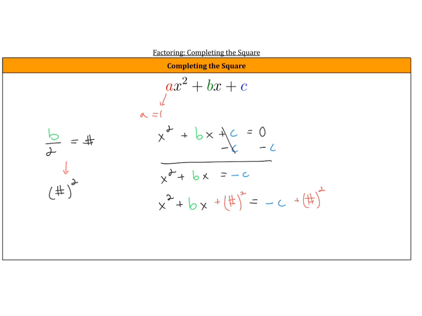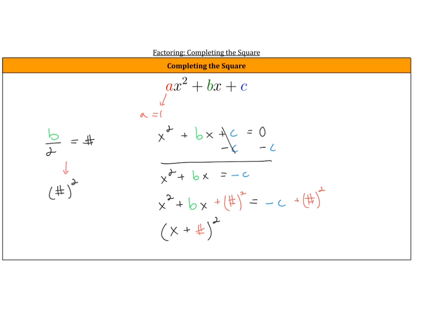If you factor the left side, you end up with x plus our number, and that whole expression is squared, because we actually end up getting 2 of these. This is why it's called completing the square: I want to end up with one single expression, and that expression gets squared.